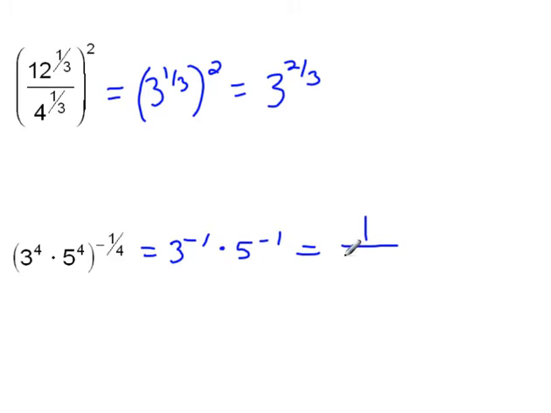So it'll be 1 over 3 to the first, which is really just 3, times 5 to the first, which is really just 5. And then I can multiply those out. Kind of think the same thing, since those are the same exponents, we can multiply those together. So you've got 1 over 15. Plus we do know that 3 times 5 is 15.